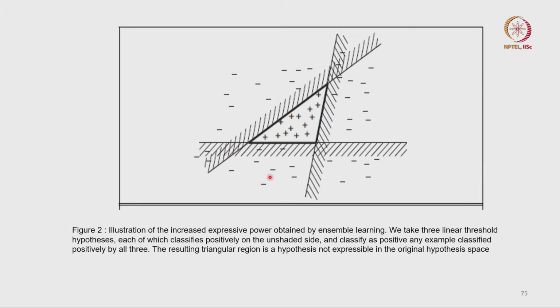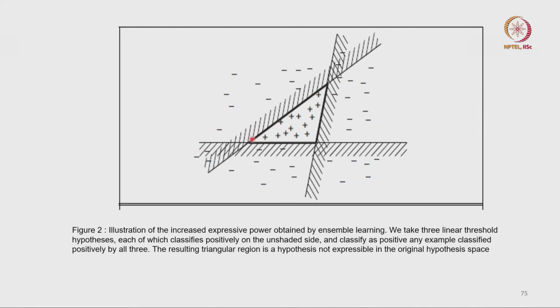So, suppose you have your positive class to be something like this, right. So, this one with a single hypothesis like this, what this says is that anything to the right of this line will be positive, to the left will be negative, and this one says that to the left it is positive, to the right it is negative, and this one to the bottom it is negative, to the top it is positive.